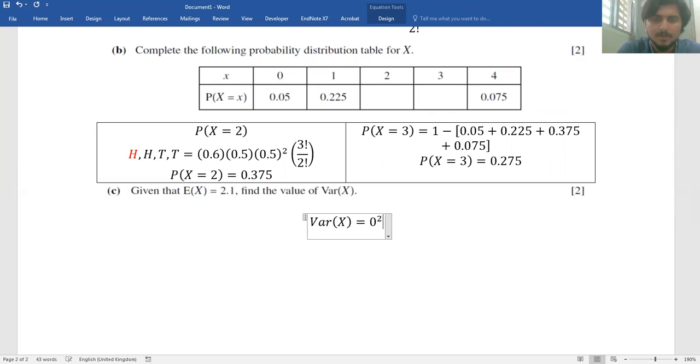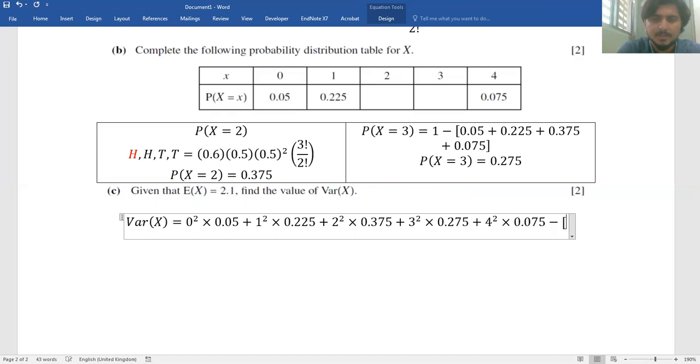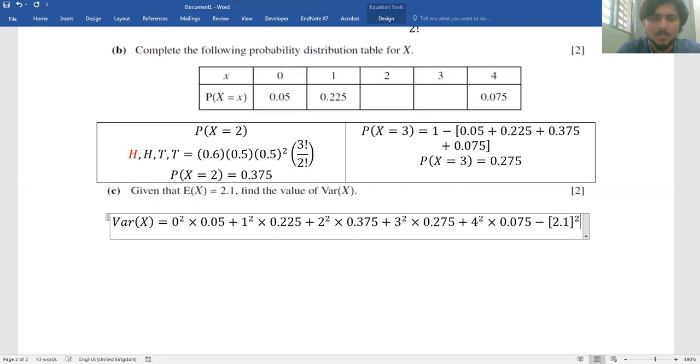For example, we take 0 squared multiplied by 0.05 plus 1 squared multiplied by 0.225 plus 2 squared multiplied by 0.375 plus 3 squared into 0.275 plus 4 squared into 0.075 minus the square of expectation, 2.1 squared. The formula is already provided for discrete random variable in MF19. You can refer to that. And we get it as 0.99.